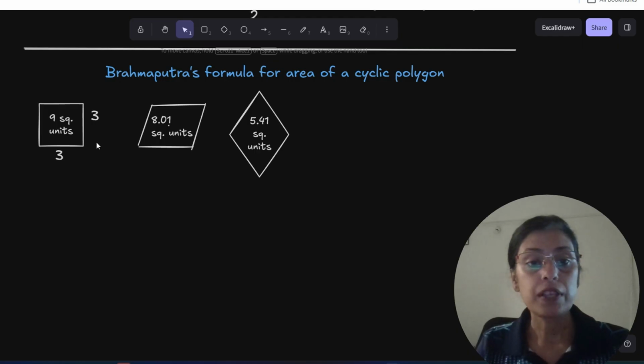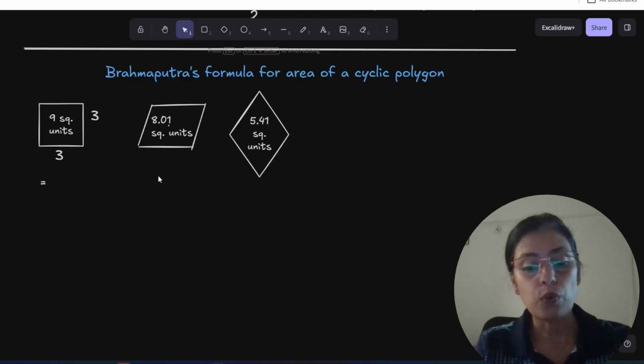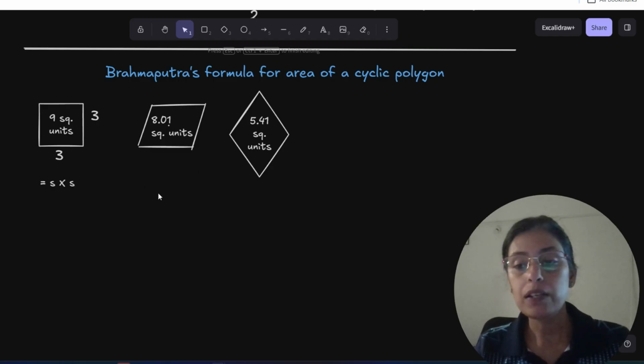For example, if we have this square and we have been given this square is of side 3, 3, 3, 3. So it is easy. We know that for square, the area will be 9 square units because it is side square, right?